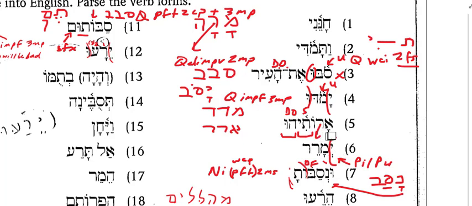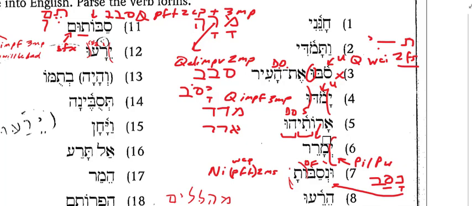So savav would have been sabbothu, like over here. Sabbothu. You see how that looks? This holem vav is a helping vowel. It has nothing to do with who did it or anything like that. It is just marking a helping vowel to get me from the consonant resh to the consonantal ending T.